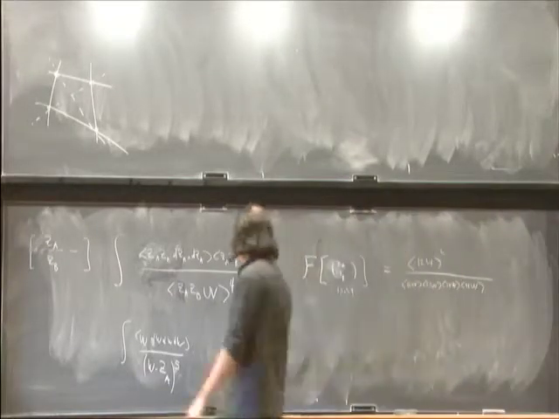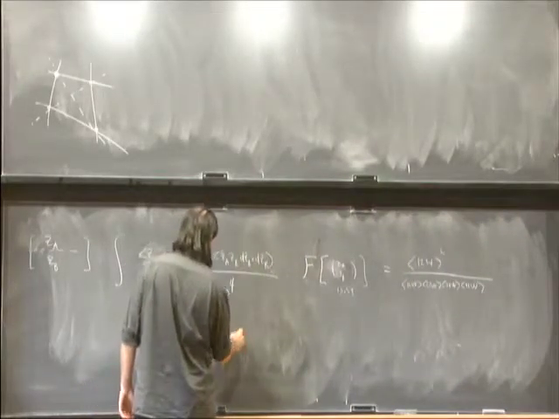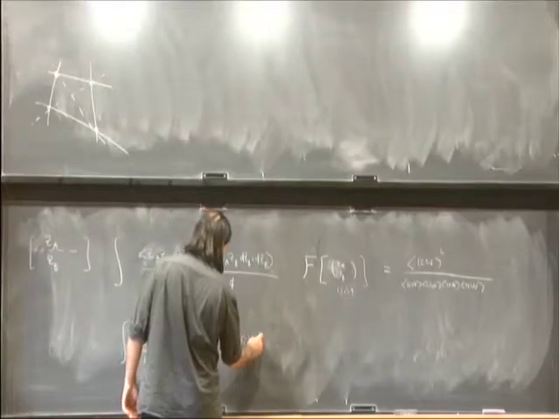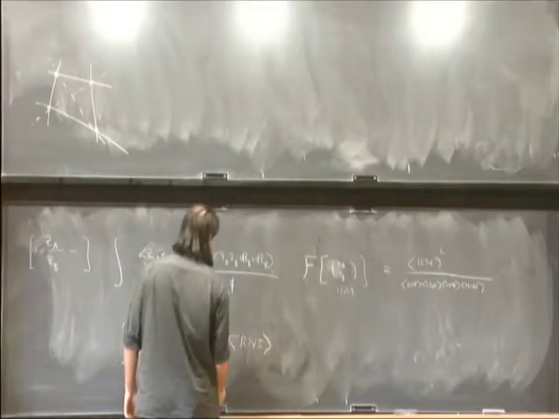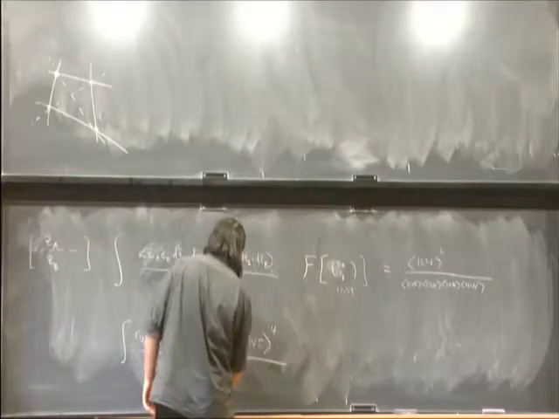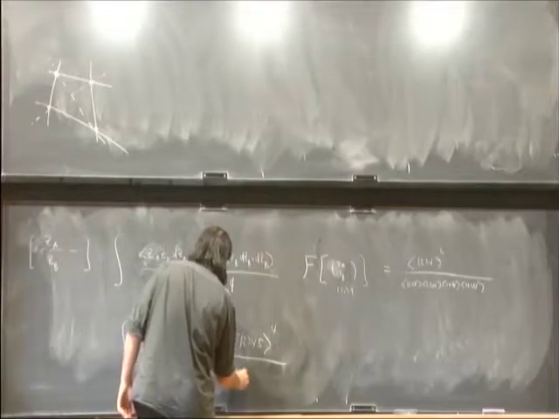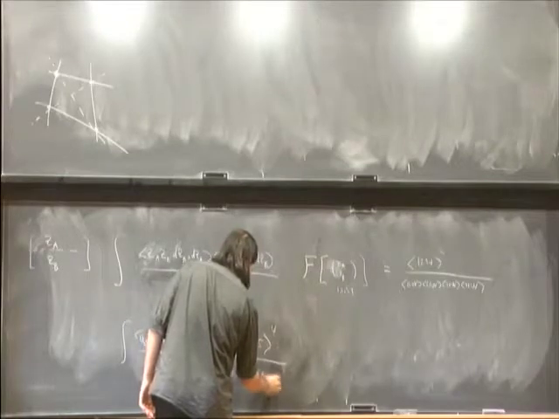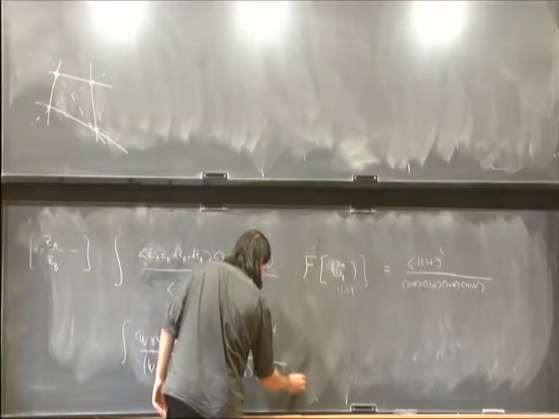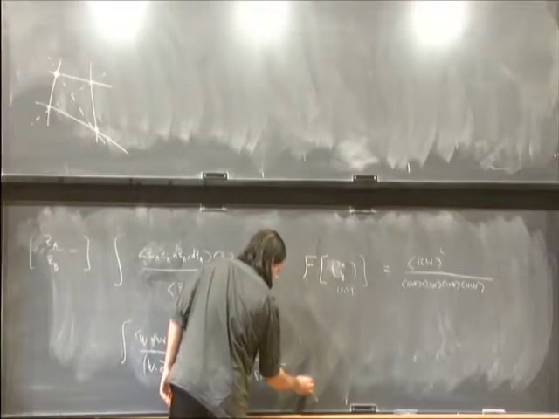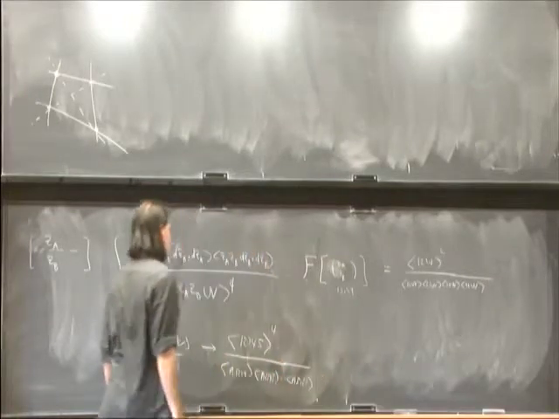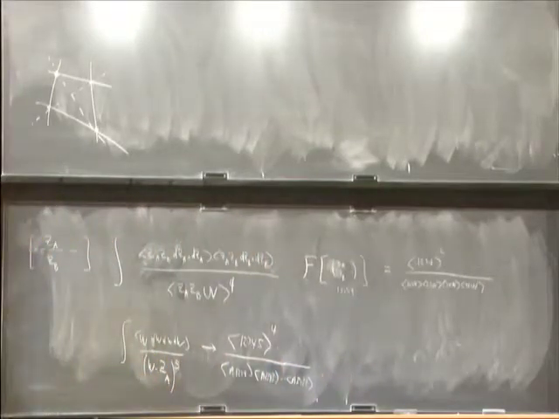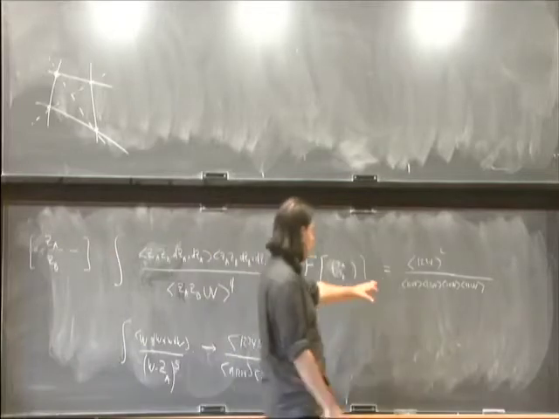Just like this one ended up being 1, 2, 3, 4, 5 to the 4th over A 1, 2, 3, 4, A 2, 3, 4, 5 up to A 5, 1, 2, 3. So this is the G24 example.